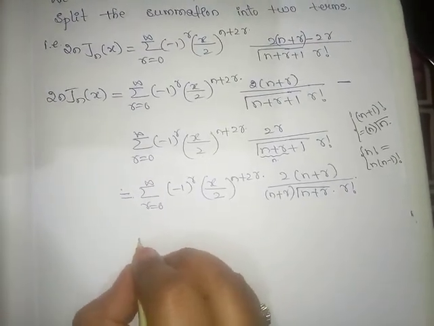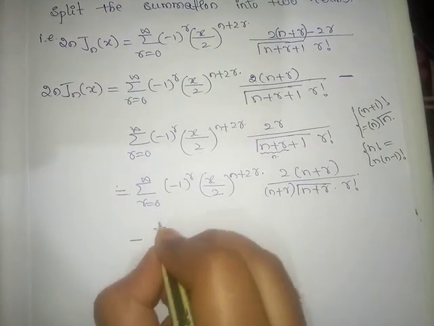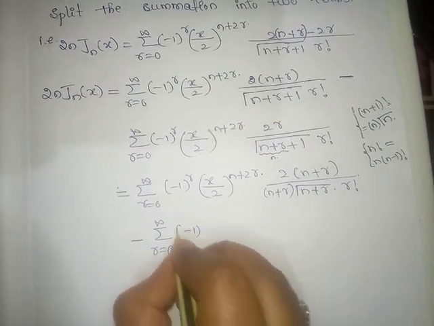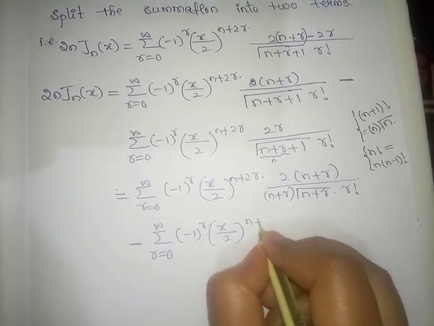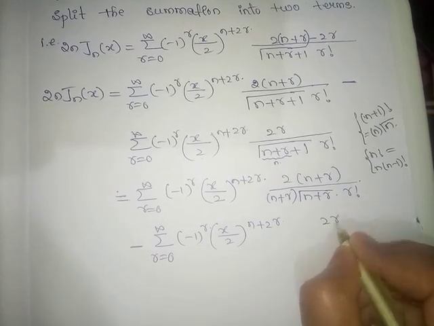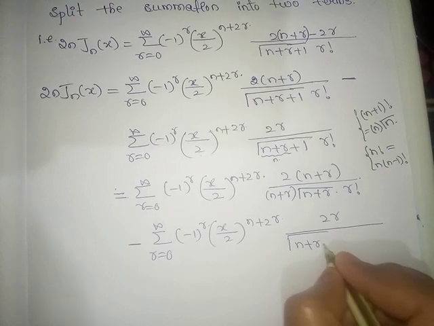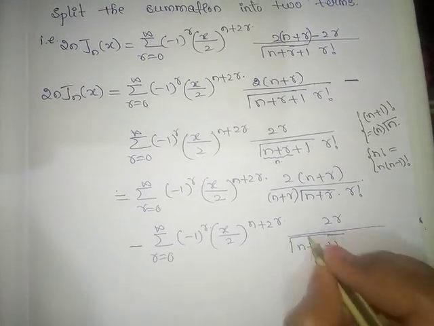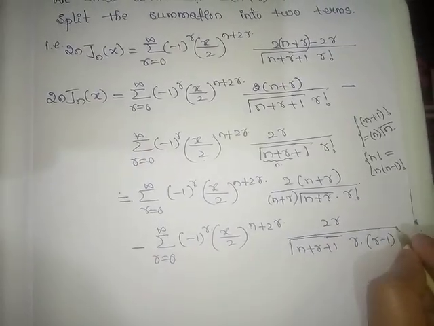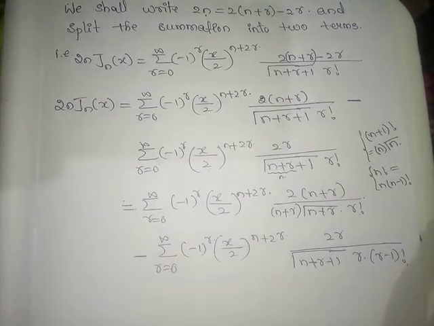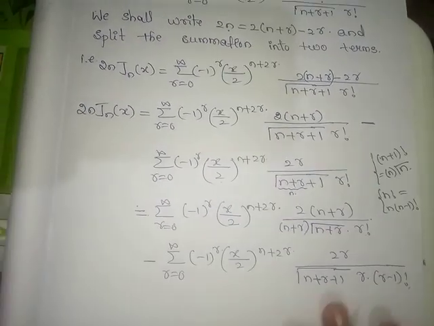Then minus the next term, summation r running from 0 to infinity of minus 1 raised to r, x by 2 raised to n plus 2r, into 2r divided by gamma of n plus r plus 1 as it is. Simply, r factorial can be written as r into r minus 1 factorial. These are properties of the gamma function. You should remember them.